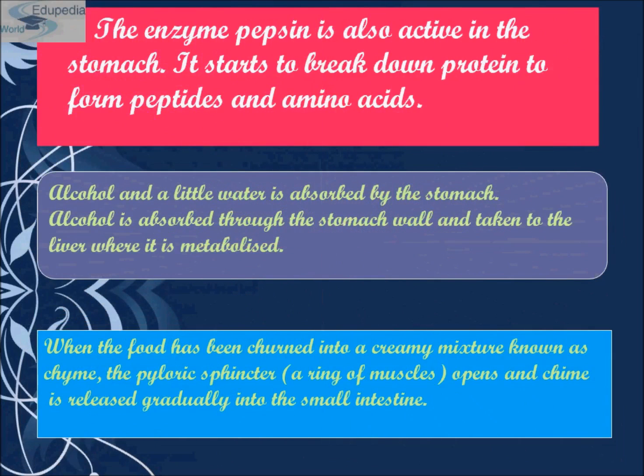Now, the enzyme pepsin is also active in the stomach. It starts the breakdown of protein to form peptides and amino acids. Alcohol and a little water are absorbed by the stomach. Alcohol is absorbed through the stomach wall and taken to the liver where it is metabolized.